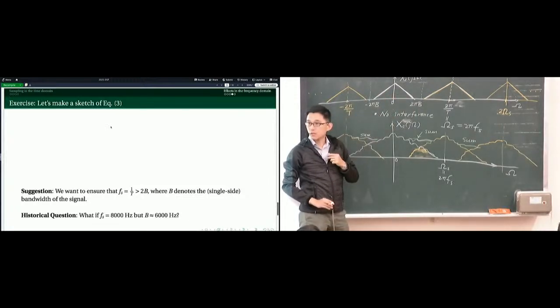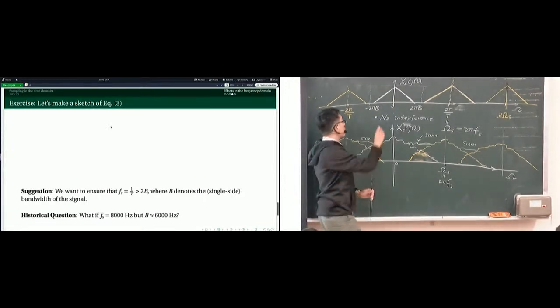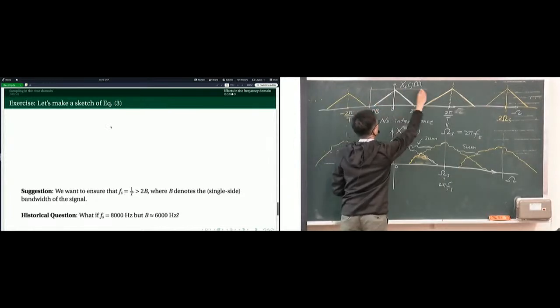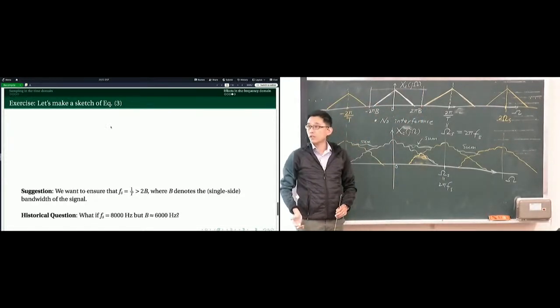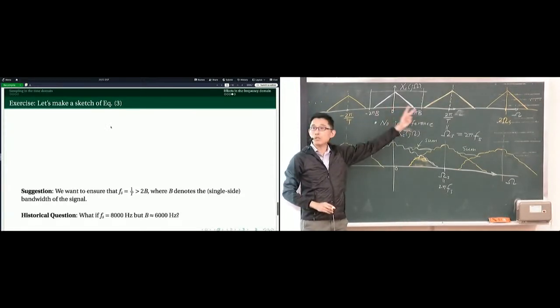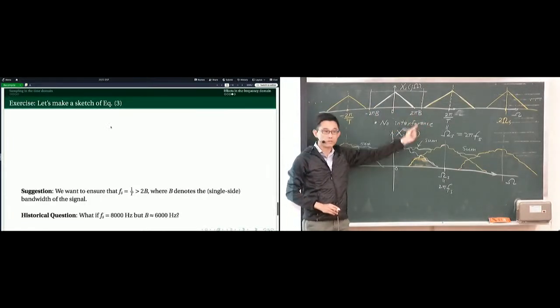We can get this shape back by using a low-pass filter, and we come back to that in our next lecture. So we are in good shape. We are fine. After sampling, there's no overlap between components, so we can easily get back the middle part by using a low-pass filter.